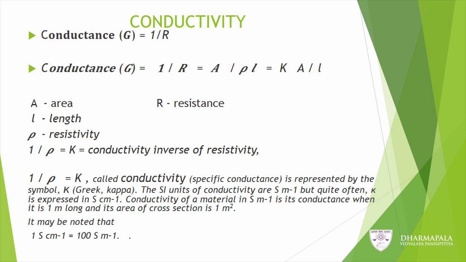The SI units of conductivity are Siemens per meter, but quite often conductivity is expressed in Siemens per centimeter. Conductivity of a material in Siemens per meter is its conductance when it is 1 meter long and its area of cross section is 1 square meter.